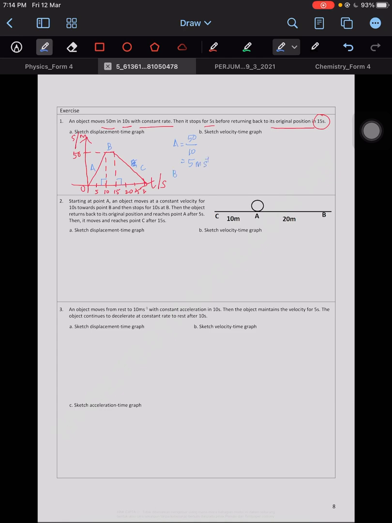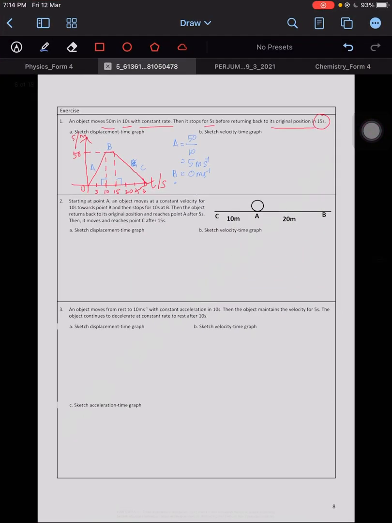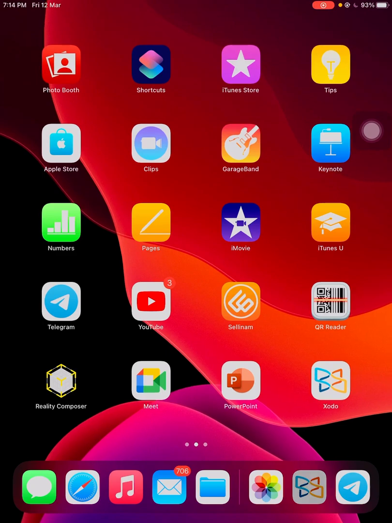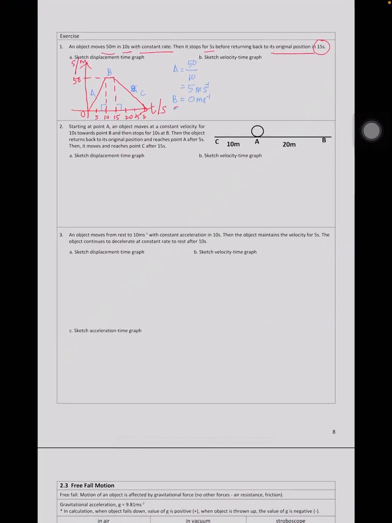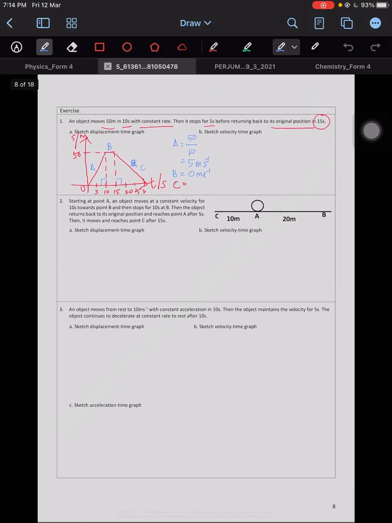So B, no gradient, so zero. Sorry. Your C is again, negative 50 divided by 15 seconds.